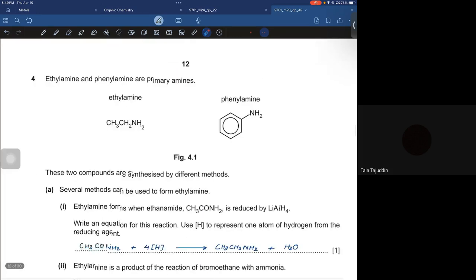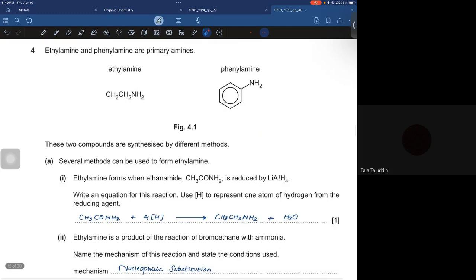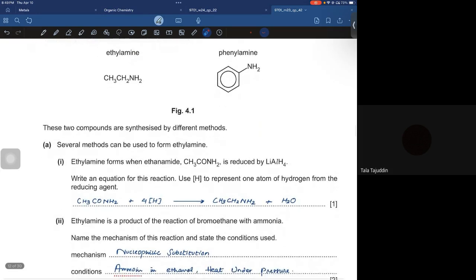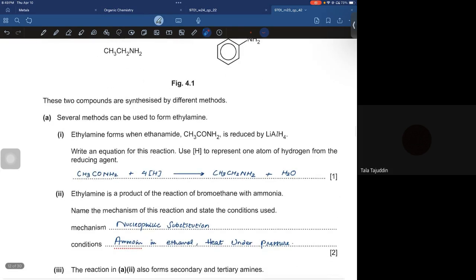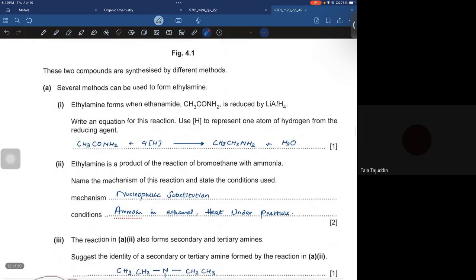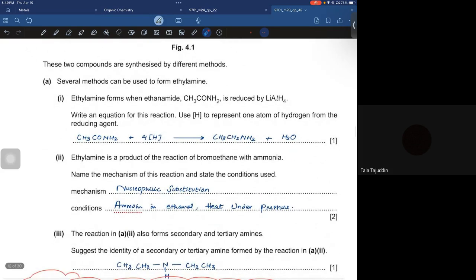Then question number 4 says ethylamine and phenylamine are primary amines. These two compounds are synthesized by different methods. Several methods can be used to form ethylamine. Ethylamine forms when ethanamide is reduced by LiAlH4, a stronger reducing agent. This is your amide. Write an equation for this reaction. Use H to represent one atom of hydrogen from the reducing agent.